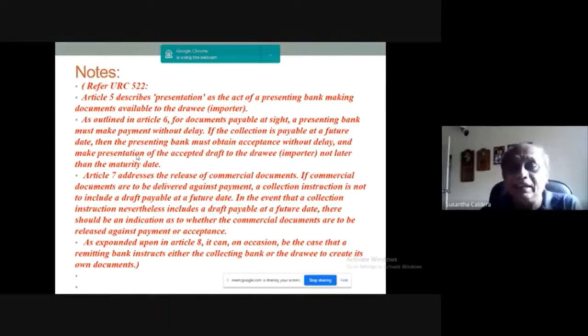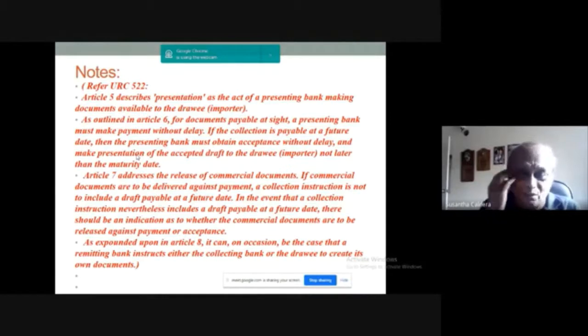As outlined in Article 6, for documents payable at sight, a presenting bank must make payment without delay. If the collection is payable at a future date, then the presenting bank must obtain acceptance without delay and make presentation of the accepted draft to the drawee importer not later than the maturity date. Right? It is understood.